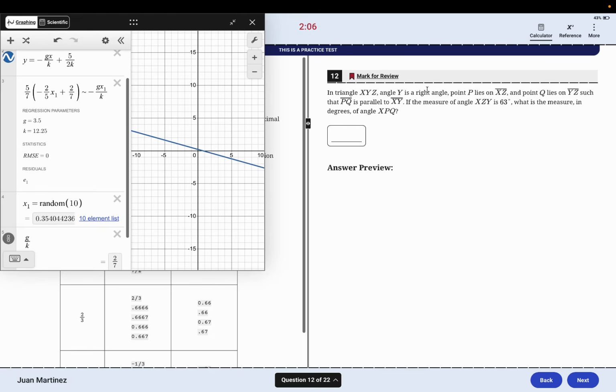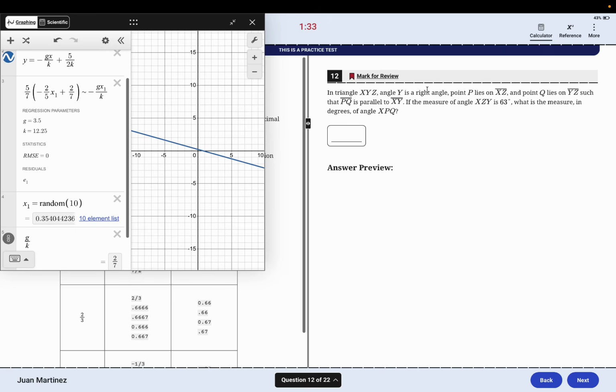So y is a right angle. X, z, and don't worry, I'll explain it after I'm done here. So point P lies on xz. Point Q lies on YZ. So PQ is parallel to XY.